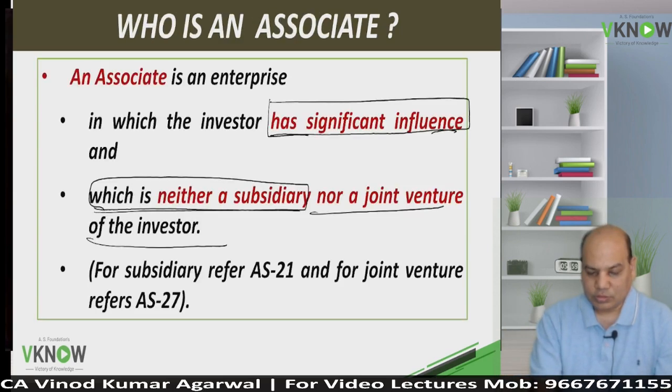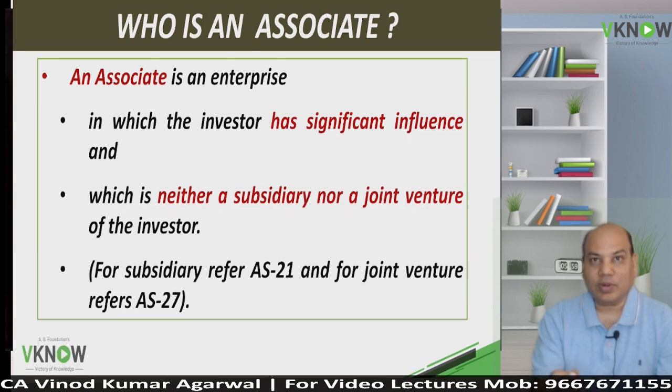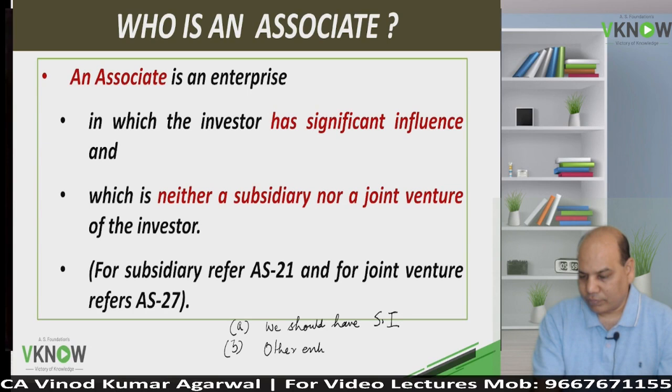So the two conditions required for the other entity to be our associate are: we should have SI, significant influence, and second, the other entity should not be a subsidiary or joint venture.